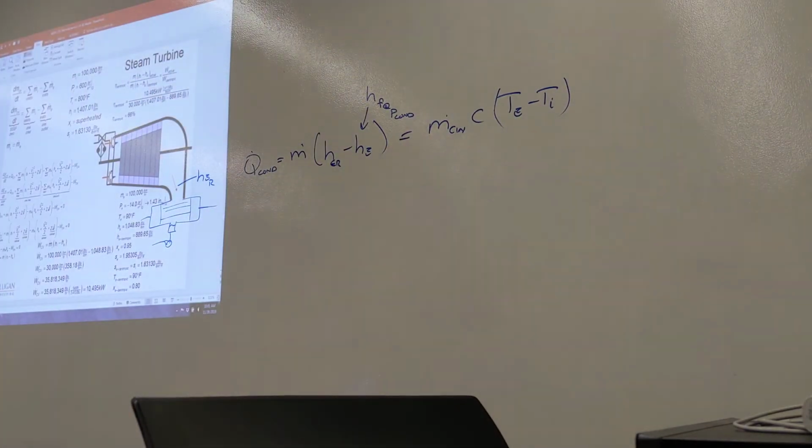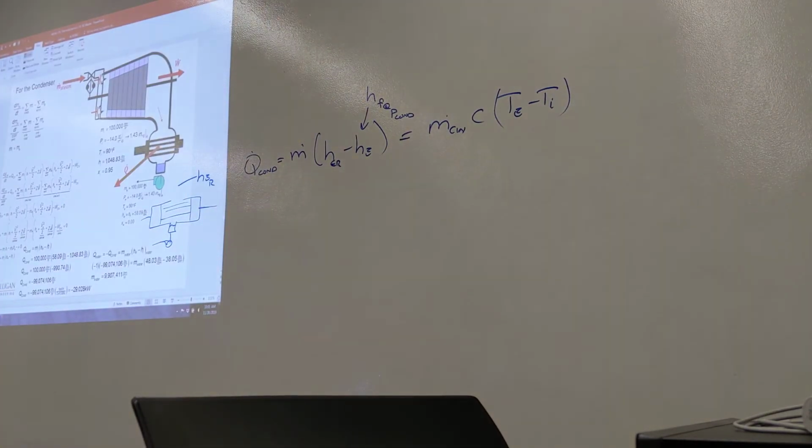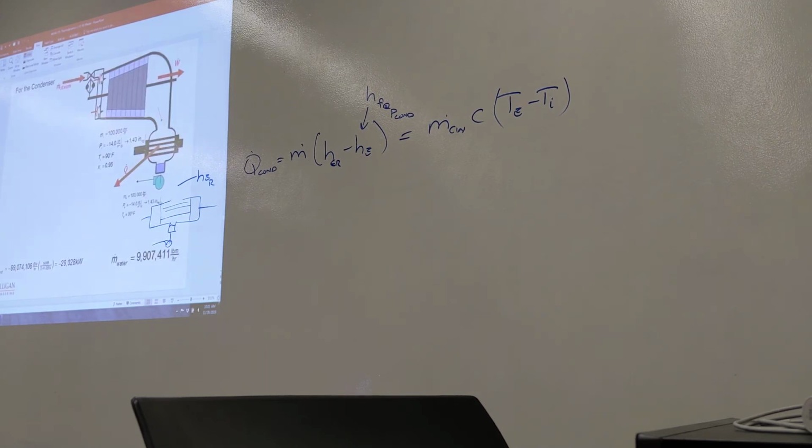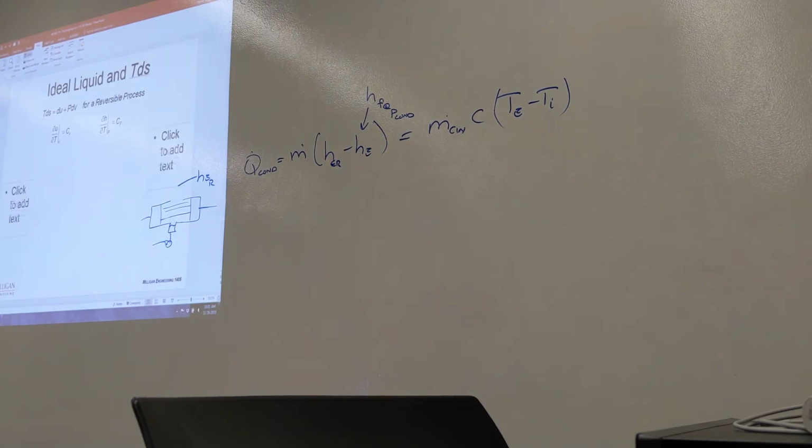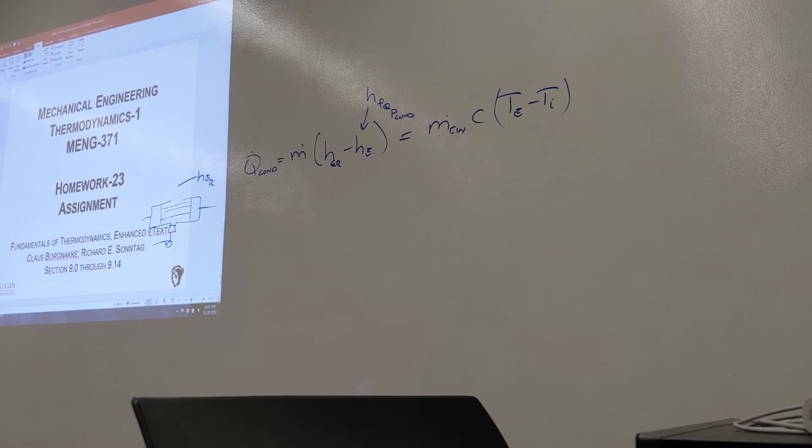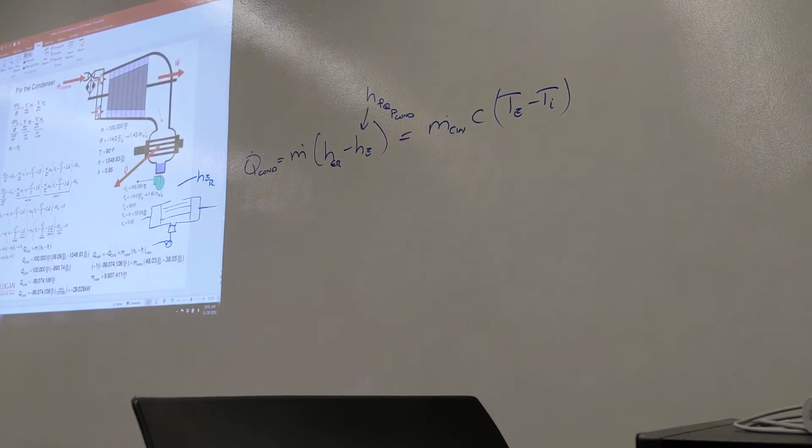Questions or comments? Yes, Keith. Is roughly 3 million pound mass per hour a real number for chilled cooling water? Yeah, it could be. What did I get back here? I got 10 million pounds an hour.